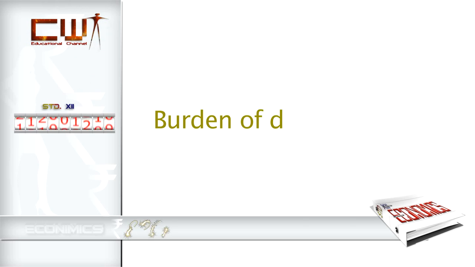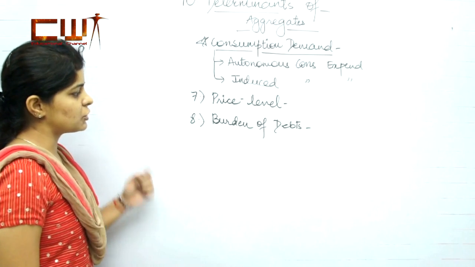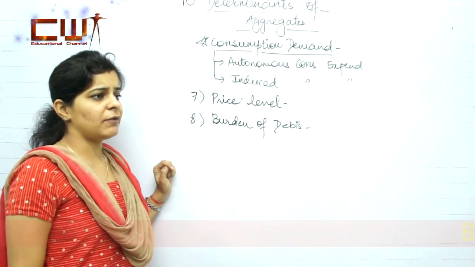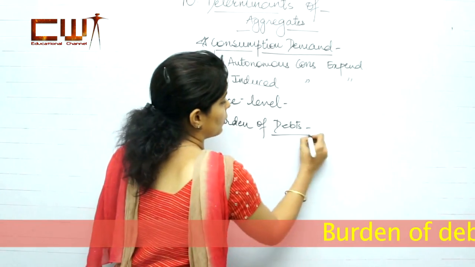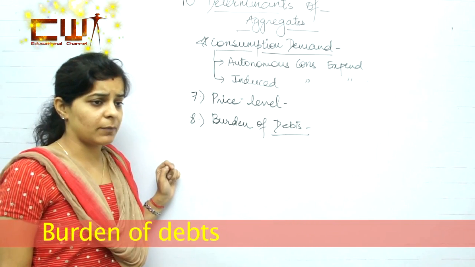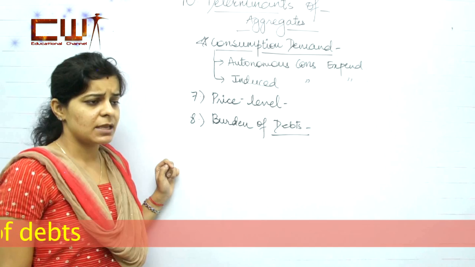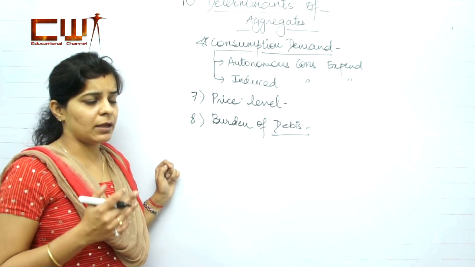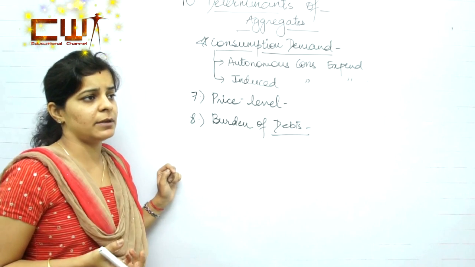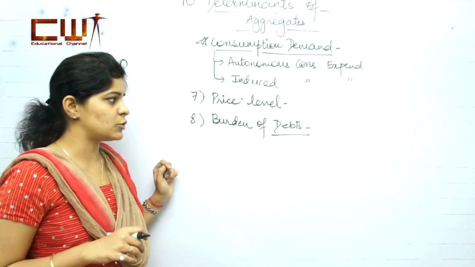Next is burden of debts. The consumption pattern also depends on the burden of debts. If I have debts, meaning I have taken a lot of money from the government or from the banks in the form of loans and advances, then a lot of my income is going in the form of interest. So I have very little disposable income for consumption.